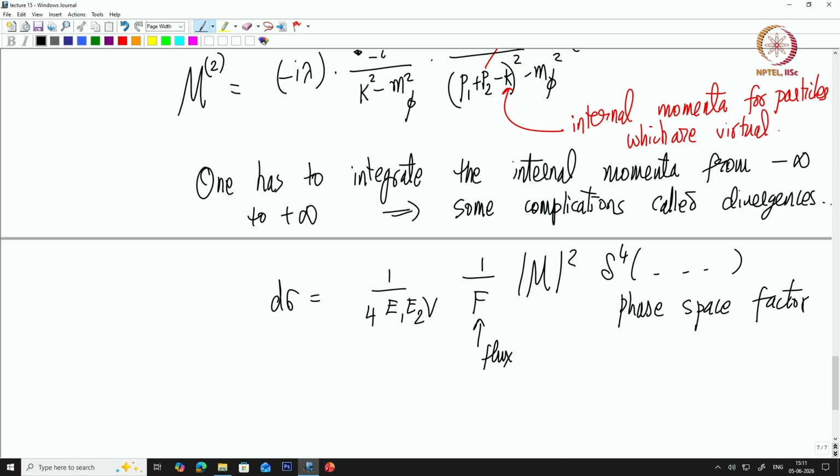Now I will leave it as an exercise to calculate the details of this using something called the Fermi golden rule.